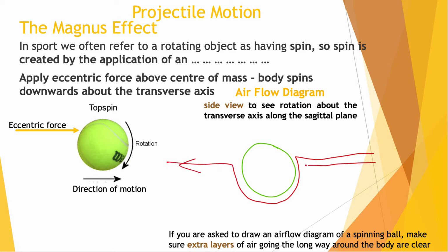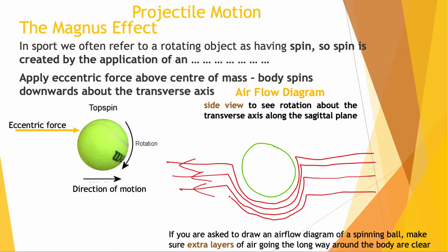Okay, so I'm drawing 4 layers coming underneath, and I'm drawing them nice and close together to show that high velocity air. And I'm just going to draw 2 layers of air travelling above the ball. And that way I'm showing that increased number of layers of air travelling underneath the ball.